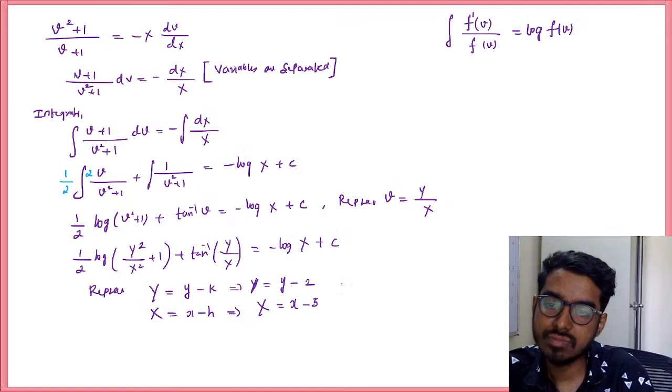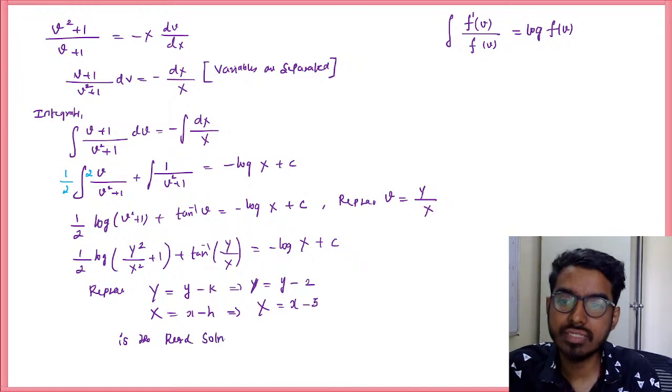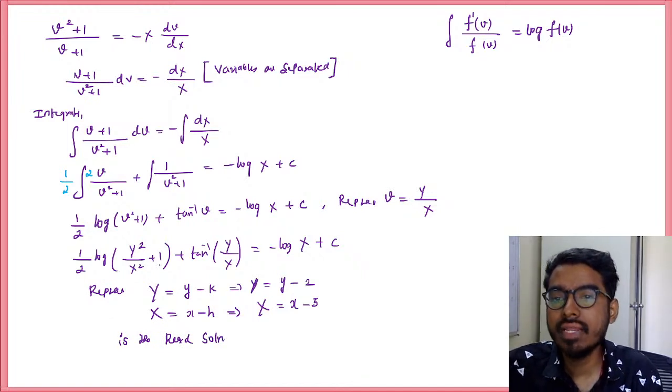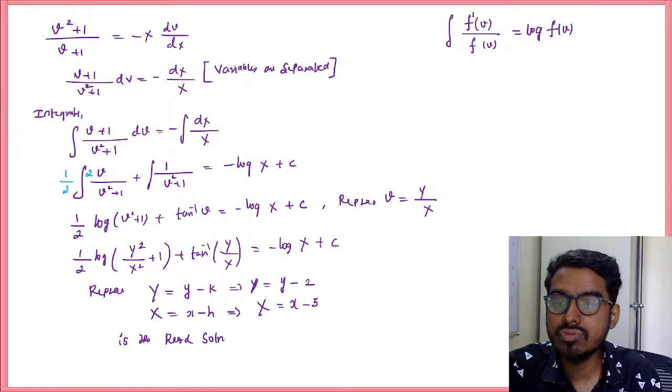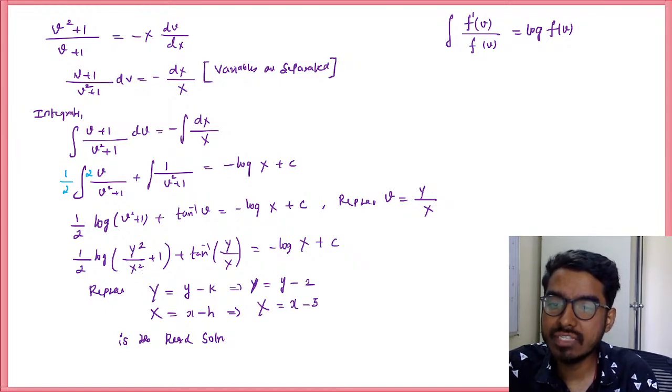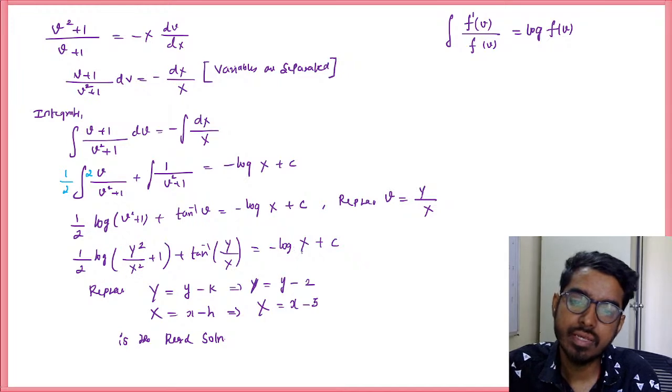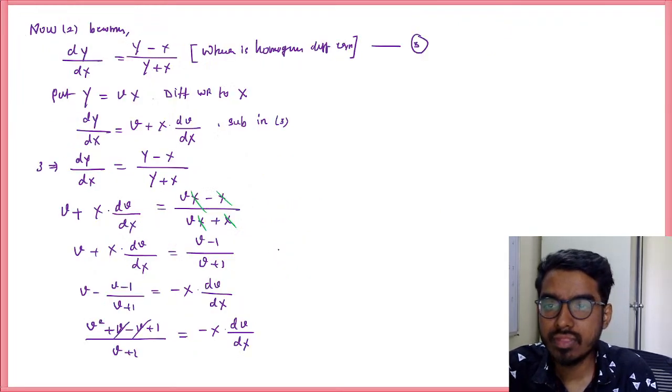Now replace this, because everything you have to have in small x and small y, but here we have capital X and capital Y. So just put capital Y equal to y minus 2 and capital X equal to x minus 3. That is the required solution.